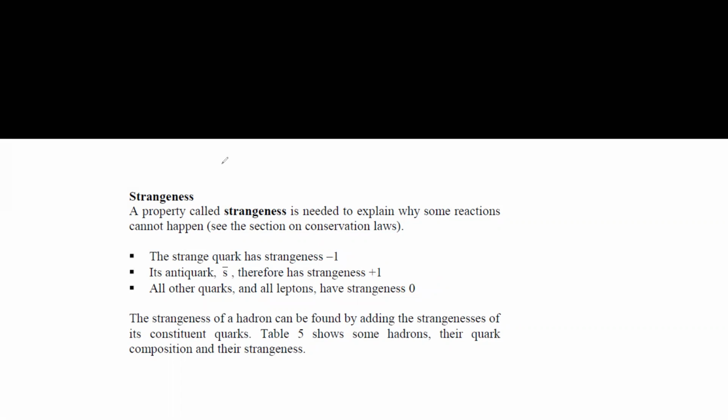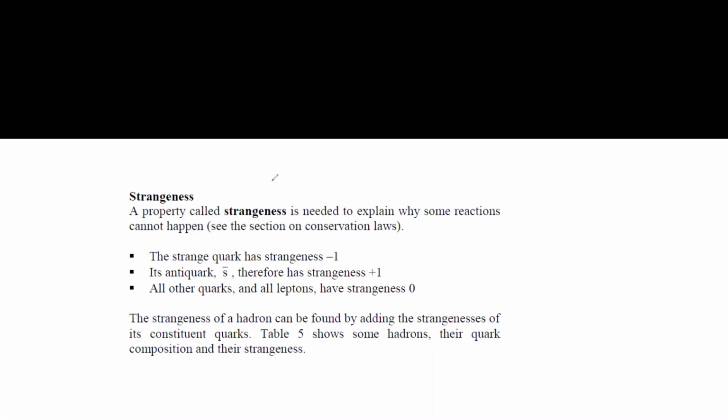The property called strangeness is needed to explain why some reactions cannot happen. For example, for some reactions the charge is balanced, the mass is conserved, and momentum is conserved, but still the reaction does not proceed.